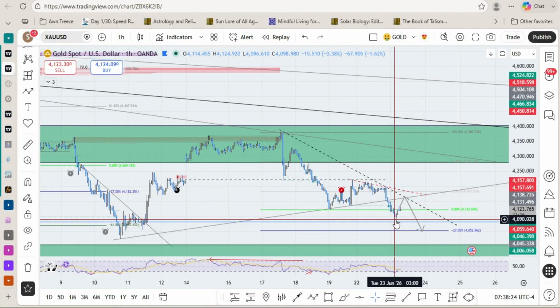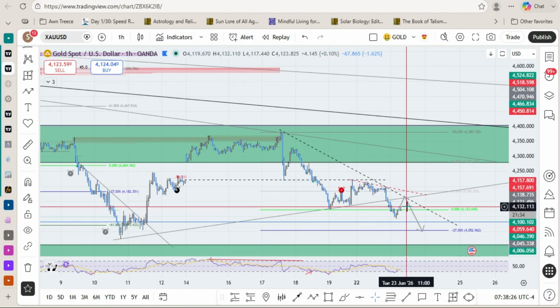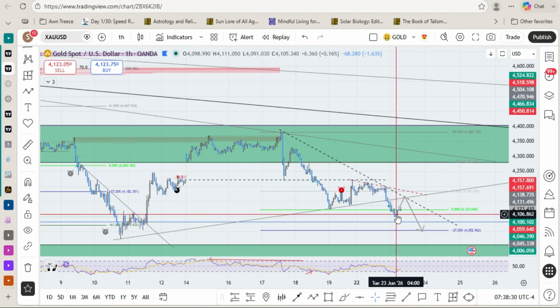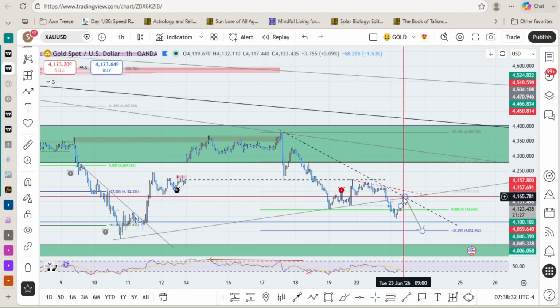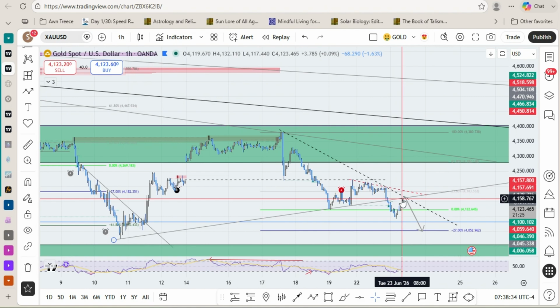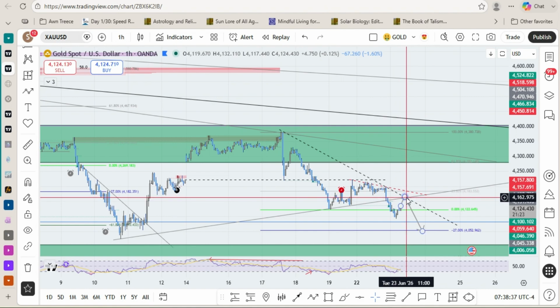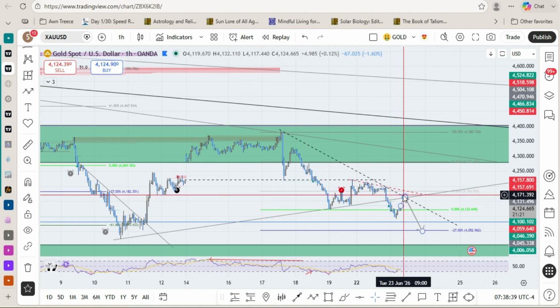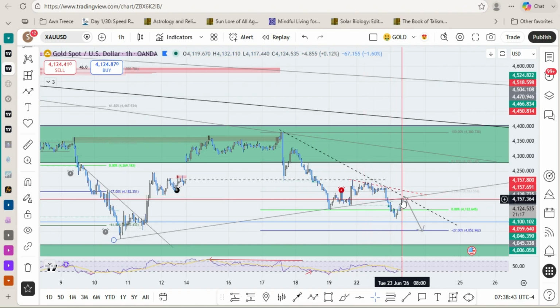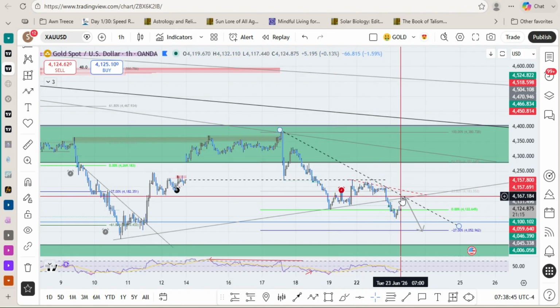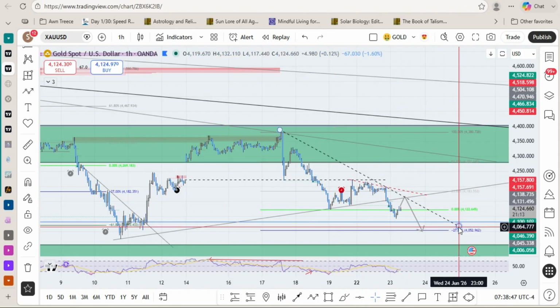So, what I was hoping would happen is we get a retest of the trend line, which would also line up with this level right here and this trend line that I drew right here.